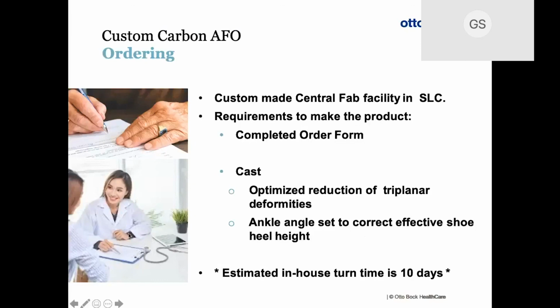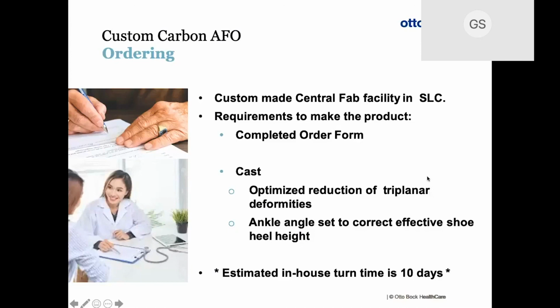So when we're ordering this, it's really custom made by Central Fab, and so we get the requirements needed to make this product. Really, the more you complete that order form, the better it comes out. And then it really helps to have a very optimized cast, and then optimize the reduction of the triplanar deformities and make sure you approximate where the foot is in space in terms of toe in and toe out or external or internal rotation.